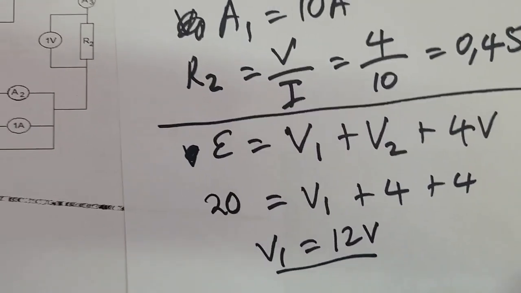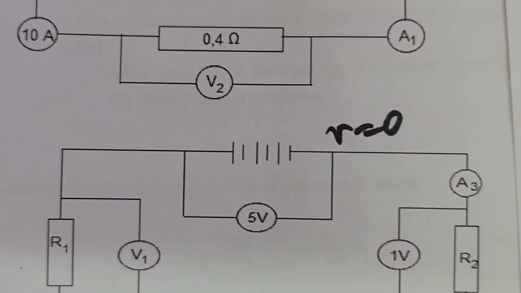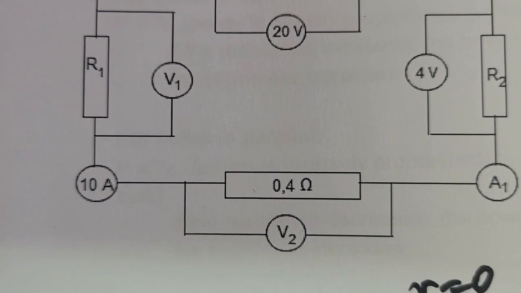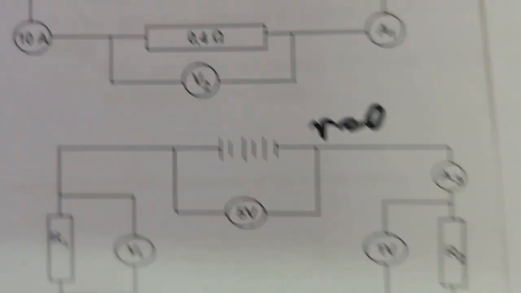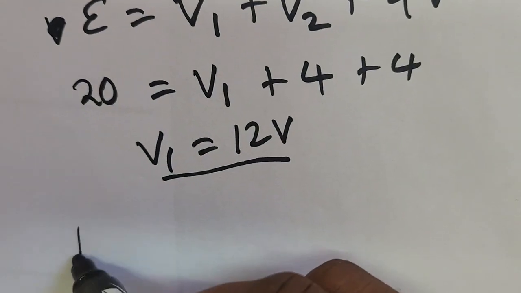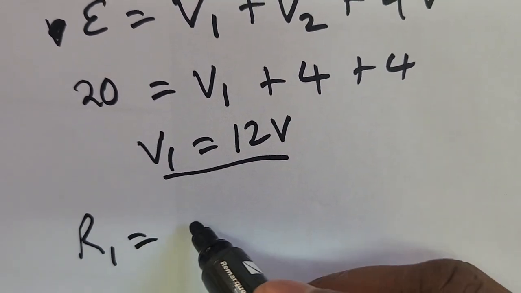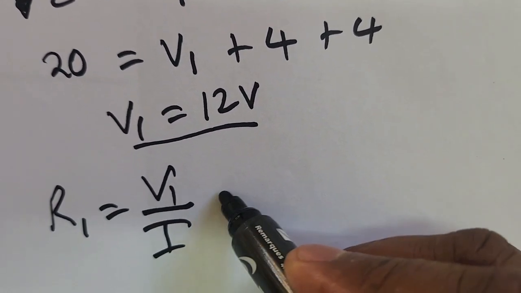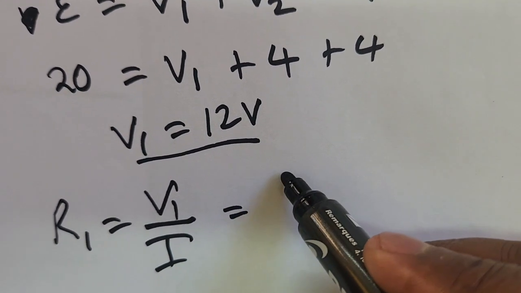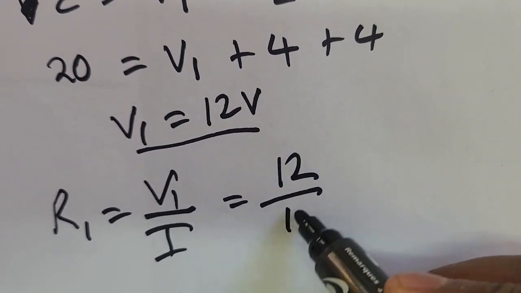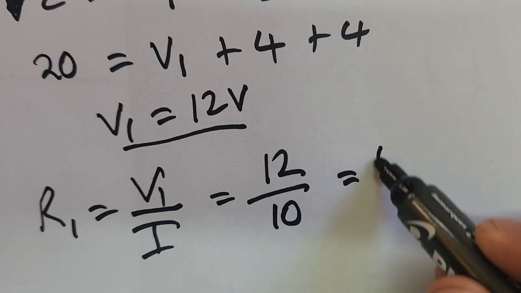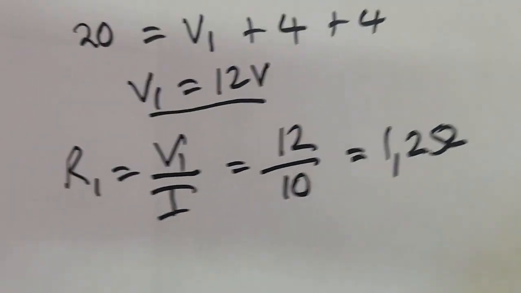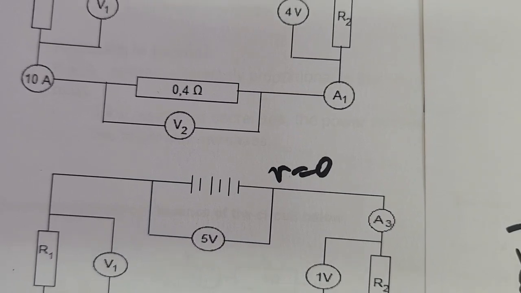So if V1 is 12 volts, we know the current flowing through R1 is 10, then now we can find R1. R1 will be V1 over current. V1 is 12 and the current is 10, therefore this will be 1.2 ohm. That is R1. So we are done with the first circuit.